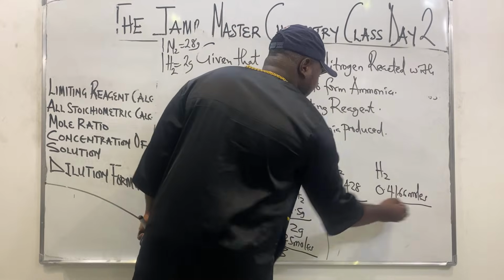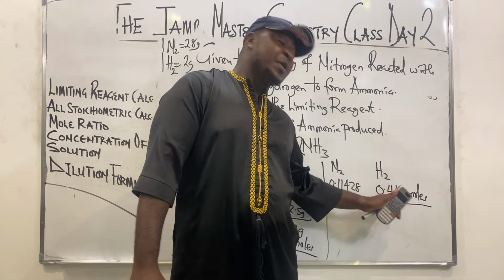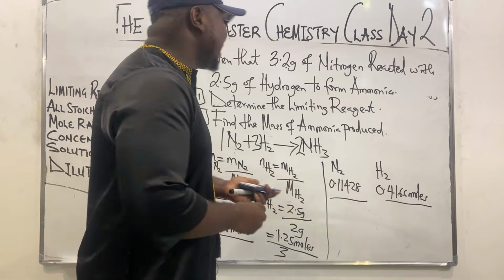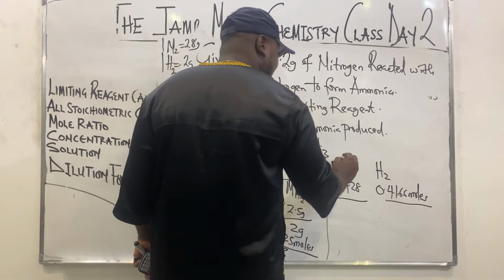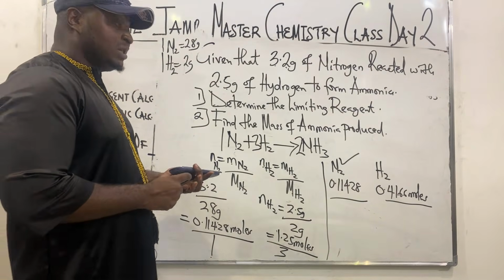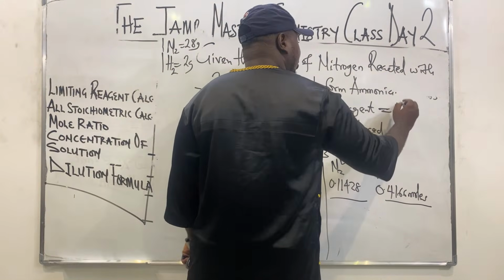Class, who is the smallest? This guy is smaller, right? 0.11428 is smaller than 0.4166. The one with the least value becomes the limiting reagent. So class, it is clear that nitrogen is the limiting reagent. It's the one that will finish first. That's our limiting reagent, nitrogen.